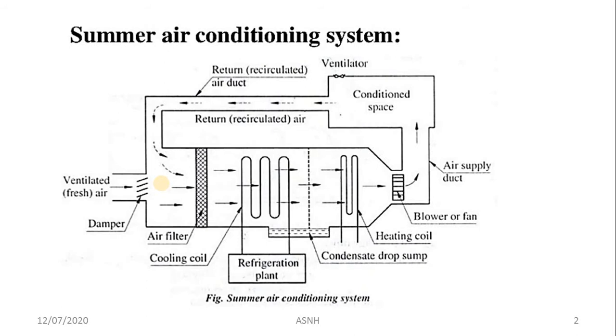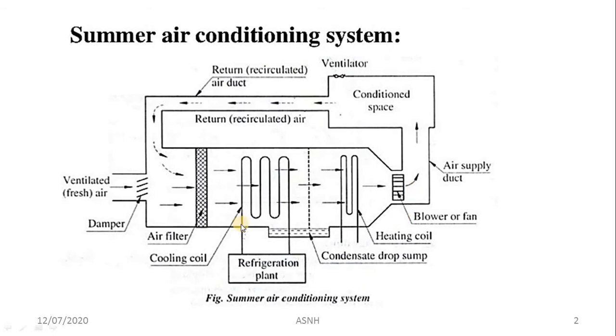The air now passes through the cooling coil, whose main function is to cool the air. In a vapor compression refrigeration system, the main purpose is to produce a cooling effect with the help of the evaporator coil. So what exactly does the evaporator coil do? Its main function is to absorb heat from the air and produce a cooling effect.